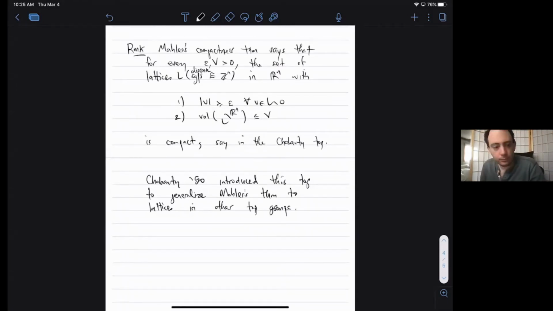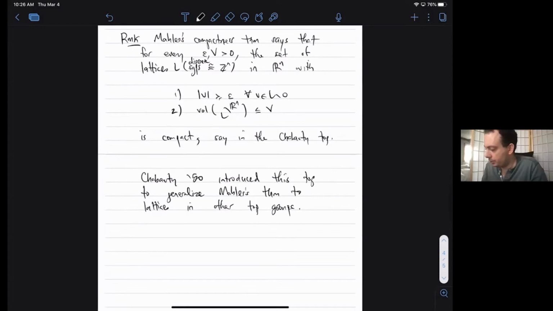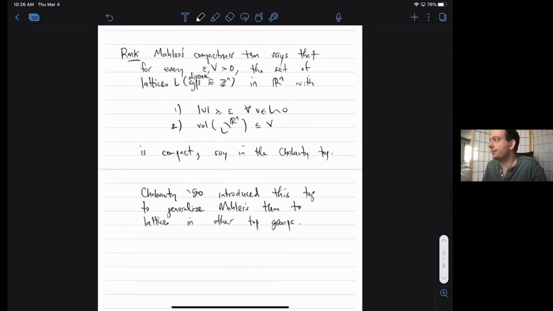He proves a very similar statement for lattices in, for instance, simple Lie groups, which are often the ones that come up in practice. So that was the history here.